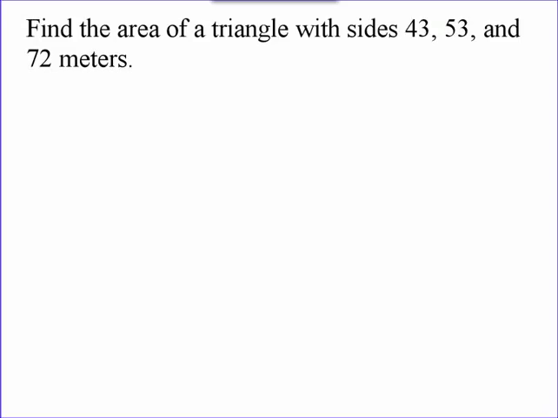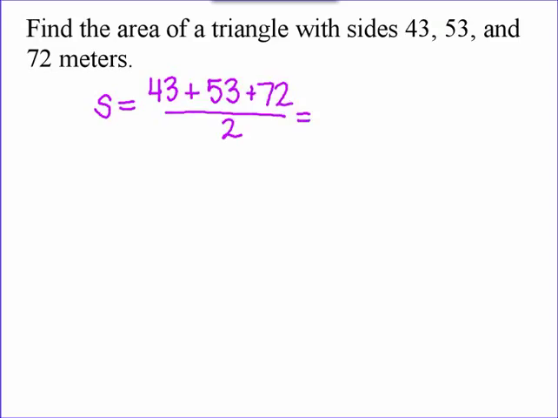First thing you're going to do is find the semi-perimeter: 43 plus 53 plus 72 divided by 2. You should get the semi-perimeter to be 84. The semi-perimeter should actually be the largest number in the triangle.